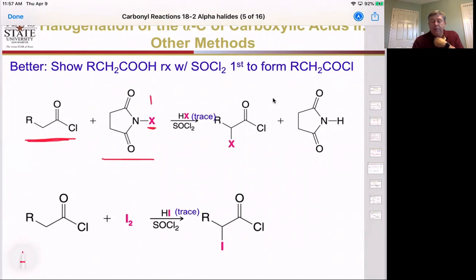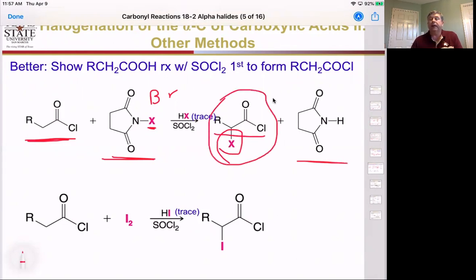The most common one is N-bromosuccinimide. In this case here, we can use that to generate our alpha halo acid chloride plus a succinimide as our byproduct.